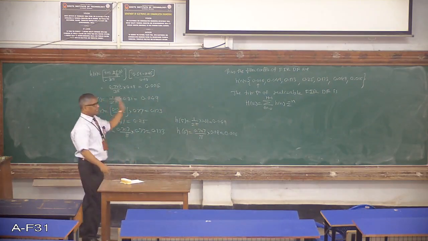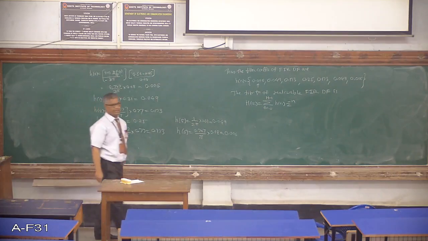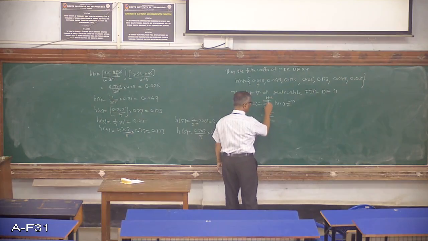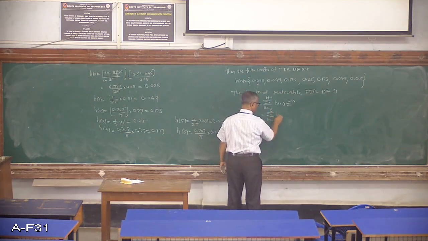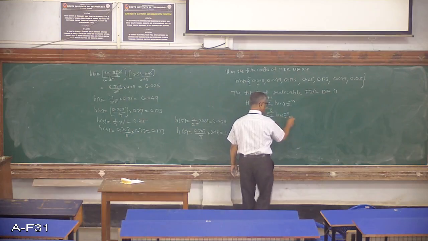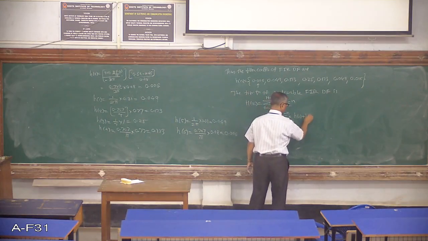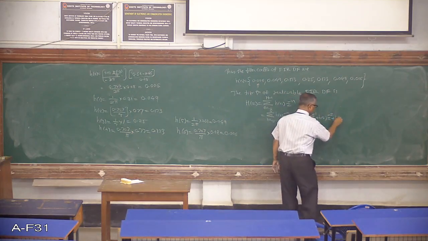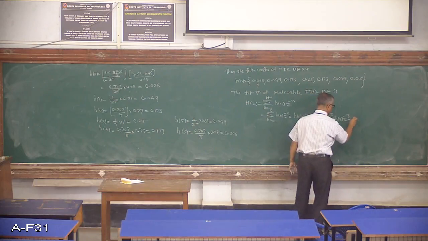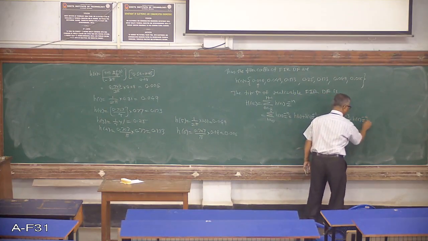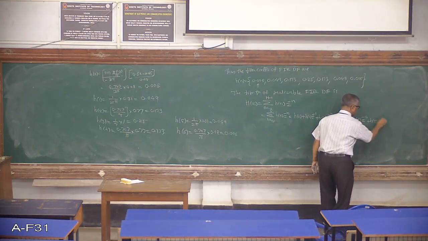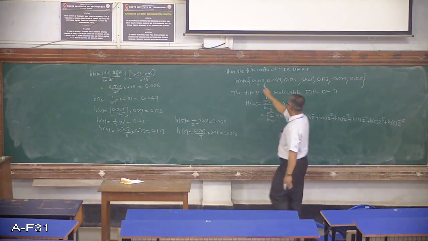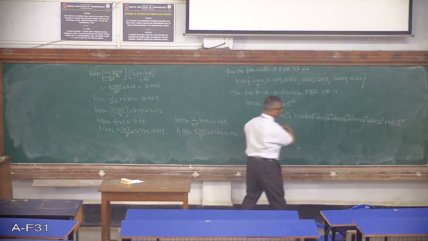The window given was right sided, so directly we will get H of Z. This is sigma n is equal to 0 to 6, H of n into Z raised to minus n. When you expand this, you get H0, plus H1 Z inverse, plus H2 Z raised to minus 2, plus H3 Z raised to minus 3, plus H4 Z raised to minus 4, plus H5 Z raised to minus 5, plus H6 Z raised to minus 6. All these values you know. So put them here, and you get the transfer function.